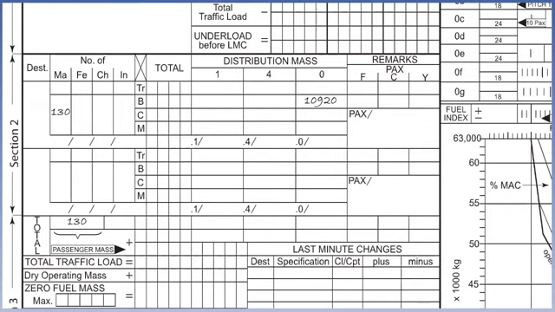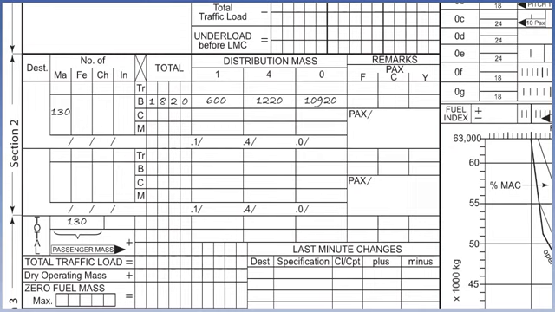The total passenger baggage is calculated by multiplying the total passengers, 130, by the average baggage mass, 14 kilograms, to give 1,820 kilograms, which is entered in the row marked B under the heading Total. The baggage is shown as distributed, 600 kilograms in hold 1 and 1,220 kilograms in hold 4.